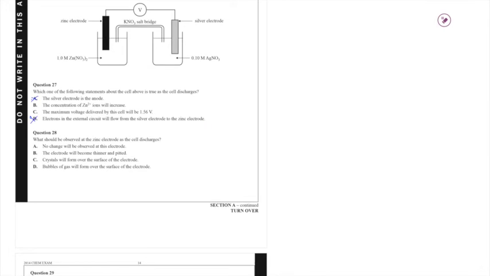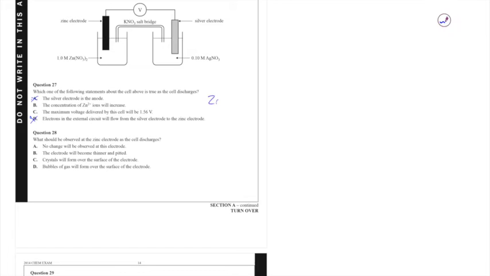So look at my options B and C. Well, I just worked out the silver electrode can't be the anode, which means the silver electrode must be the cathode, and conversely, the zinc electrode is the anode. And if the zinc electrode is the anode, that means oxidation is occurring, and oxidation is the loss of electrons.